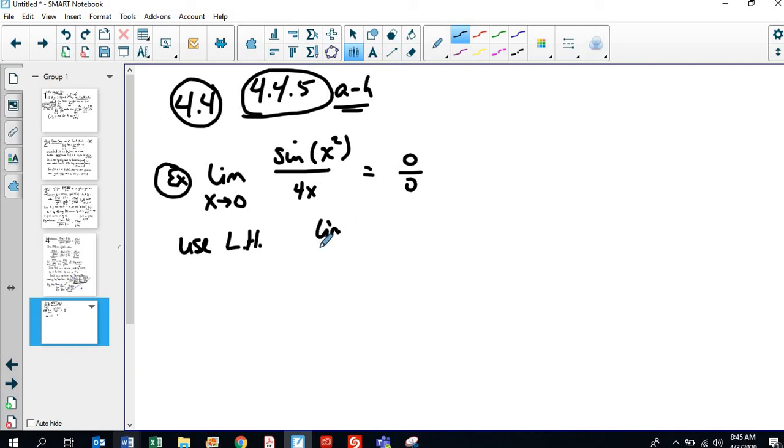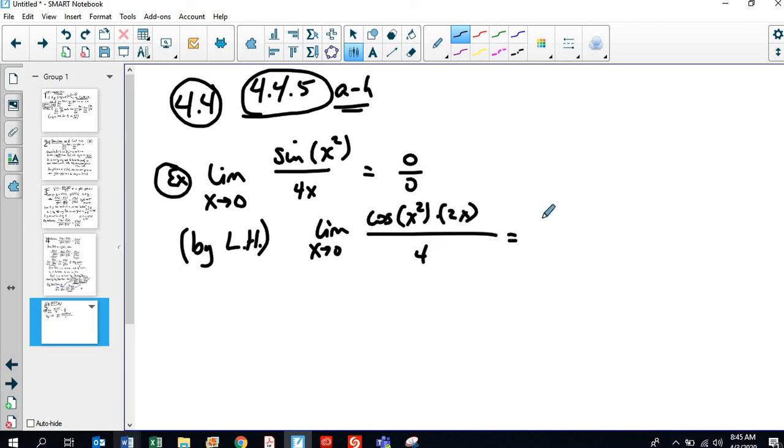All right, and so what that means is we're going to take the top, and you need to remember, you always need to justify. Let's just say by L'Hopital, we take the limit of the derivative of the top, cosine of x squared times 2x, right, over the derivative of the bottom, which is 4. And so the numerator becomes 0 and the bottom becomes 4, and you get 0. All right, and so I'm done.